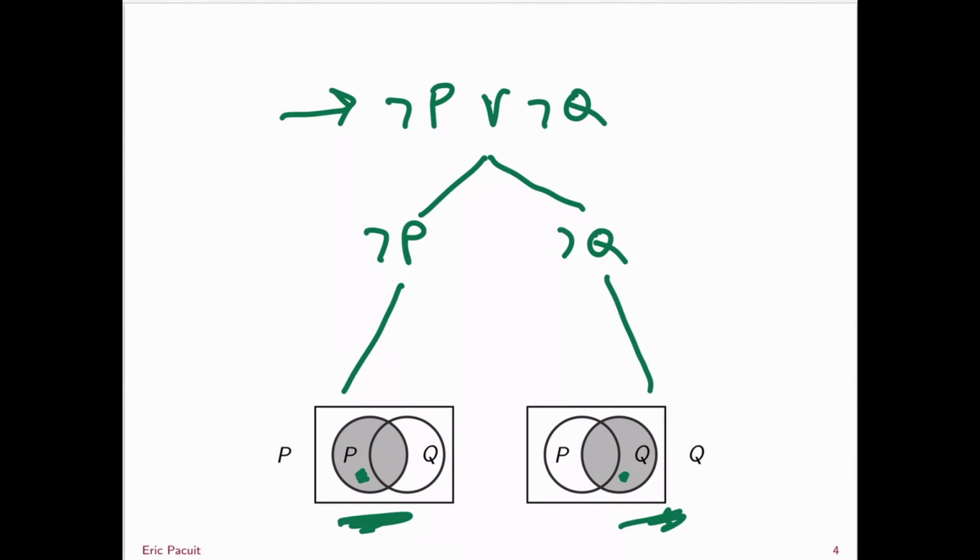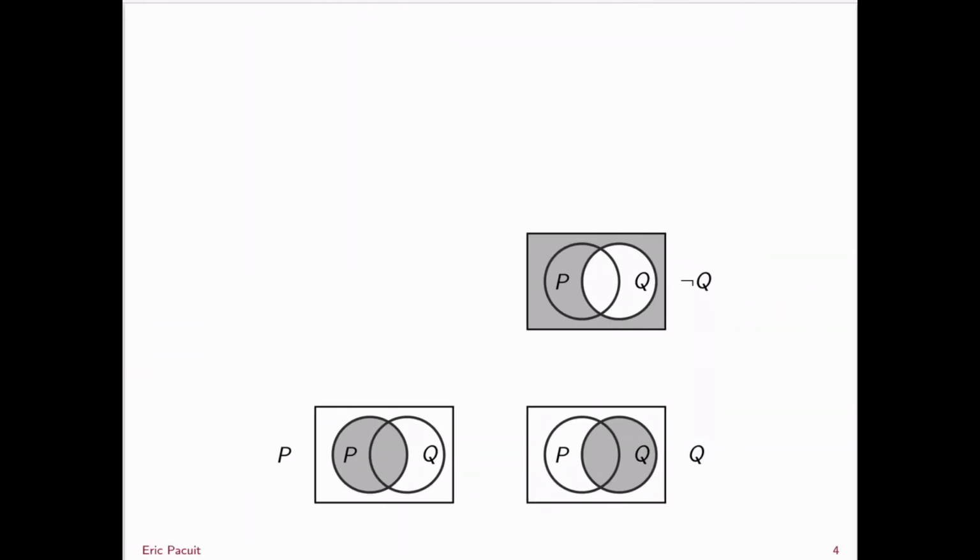So the first thing I'm going to do is figure out, given this visualization, how do I visualize not Q? Well, here I've shaded the Q region. So since I'm taking the negation of that region, I shade everything outside of that region. So here I've shaded everything inside of this Q circle. Not Q corresponds to a shading of everything outside of that circle.